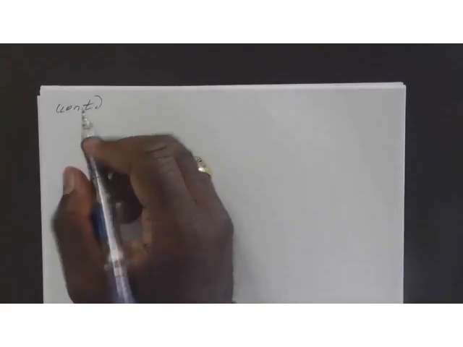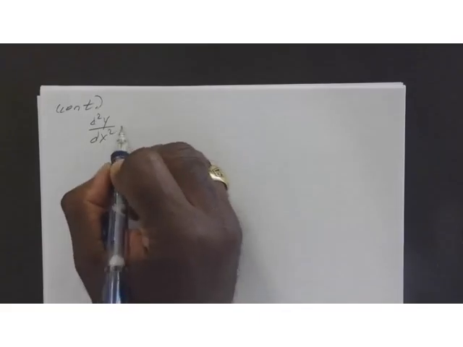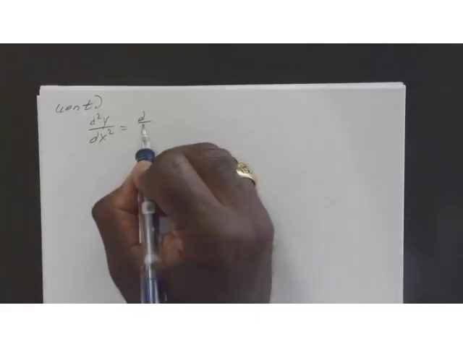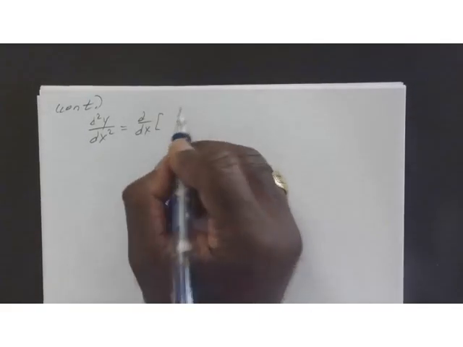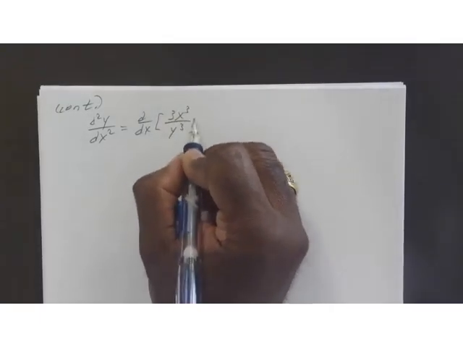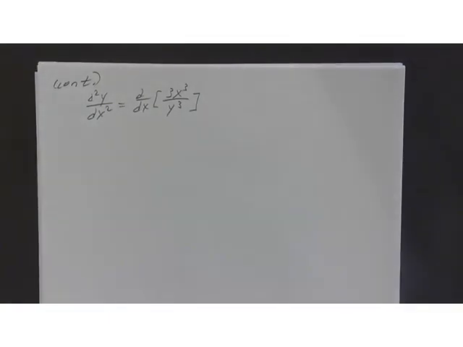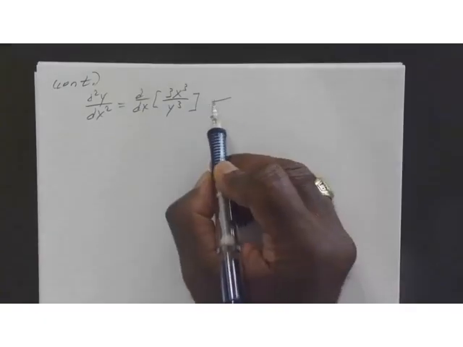Okay, now our second derivative is just the derivative of our first derivative. Okay, so here we're trying to find the derivative of a quotient, which means we have to use the quotient rule.